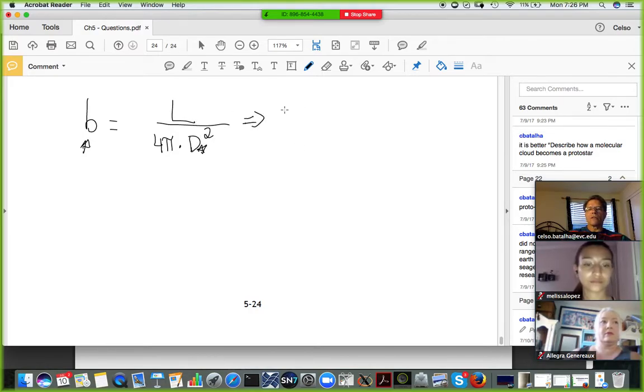This equation is called the inverse square law.